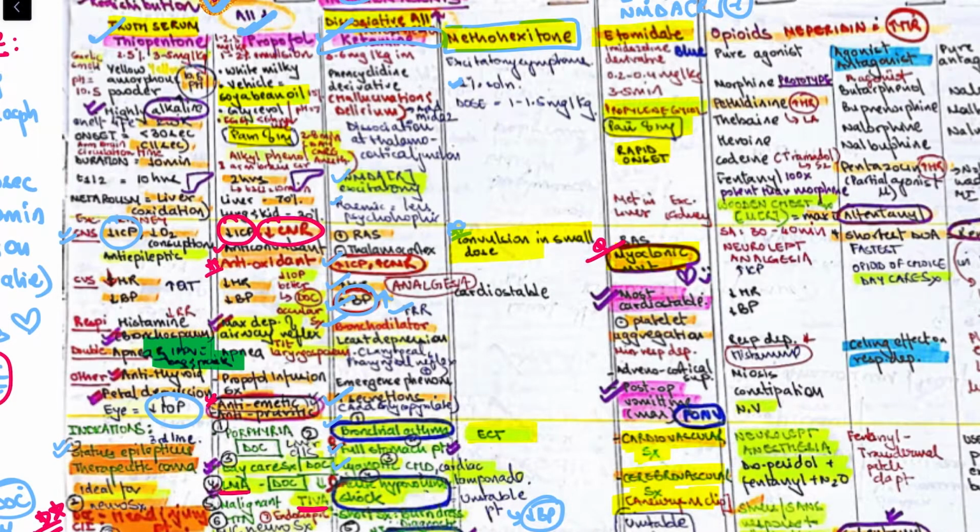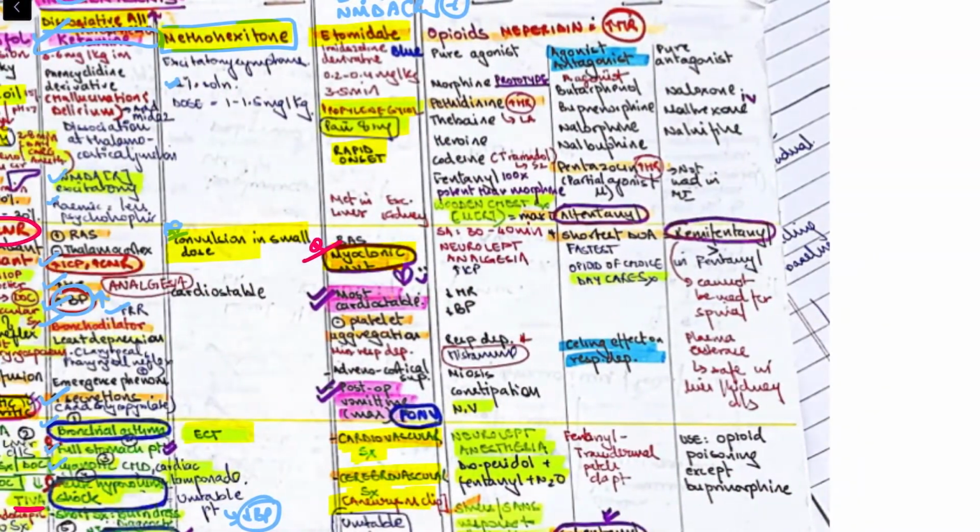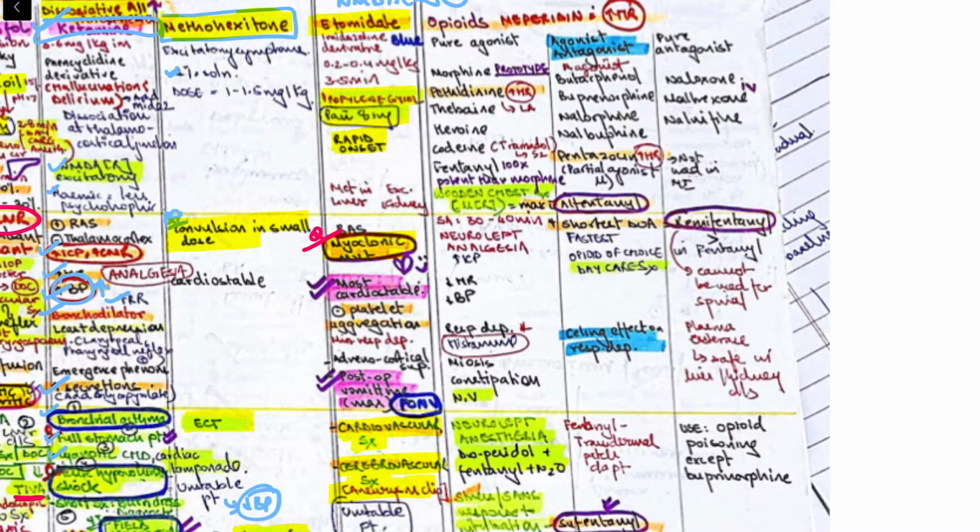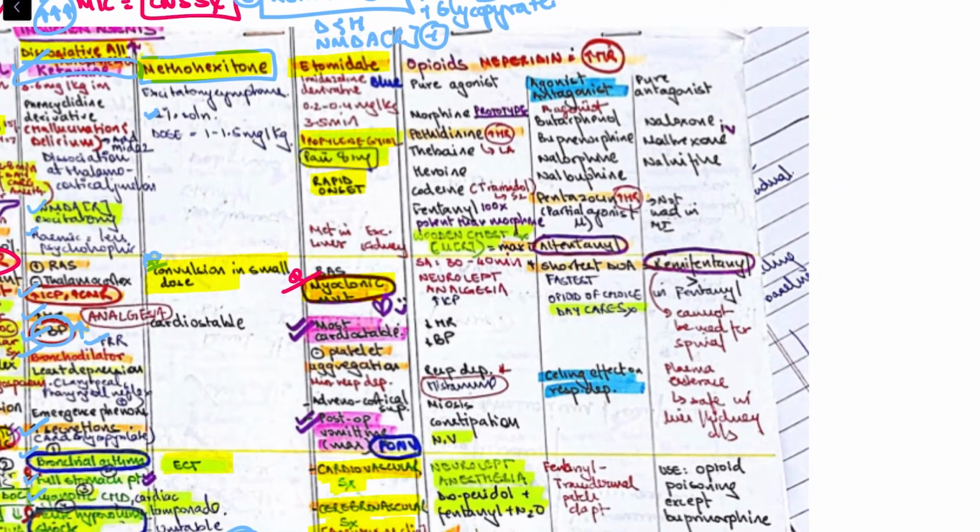The antiemetic was propofol, while others cause PONV, that is post-op nausea and vomiting. And maximum is due to etomidate. Then there is a new drug, carbetomidate.